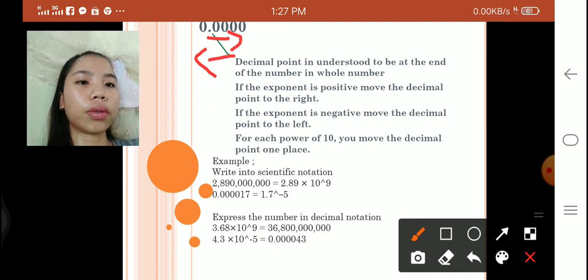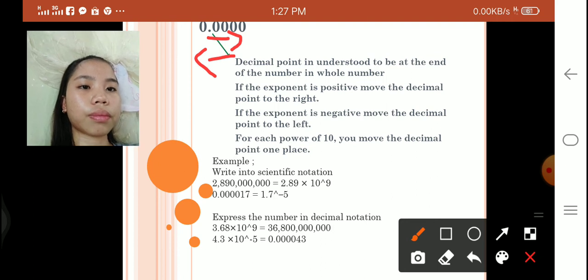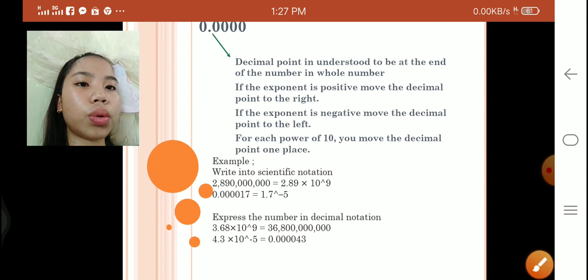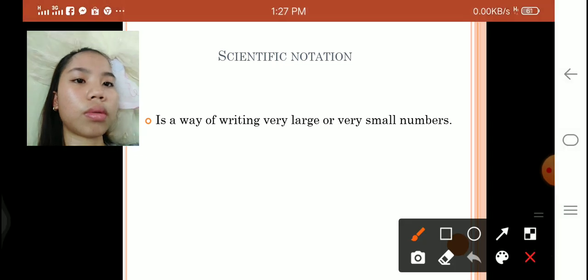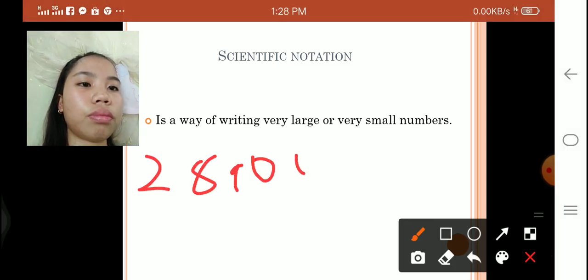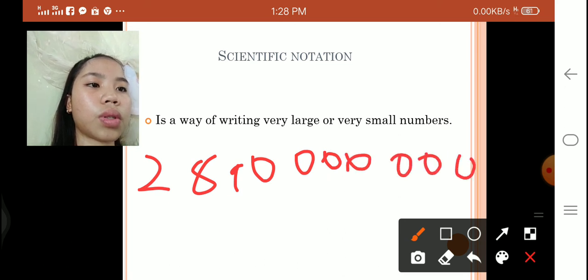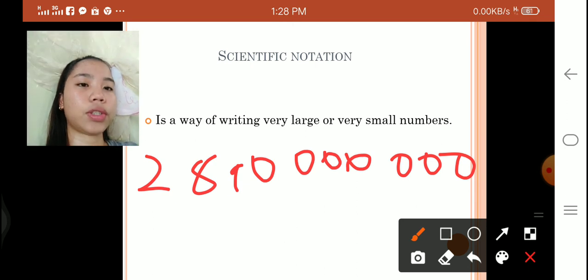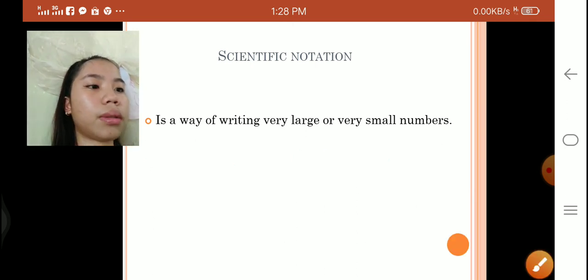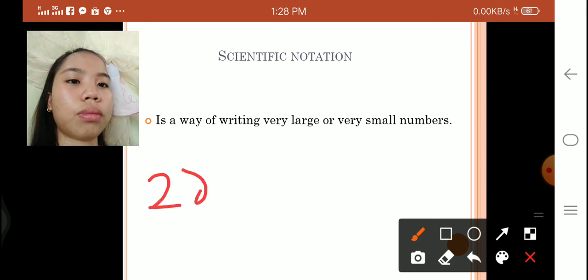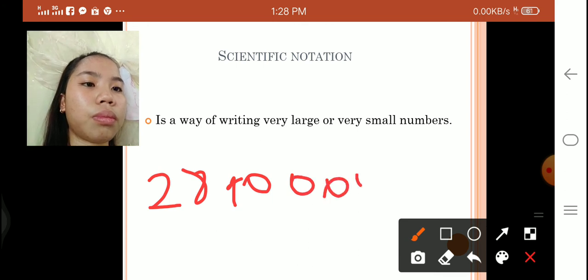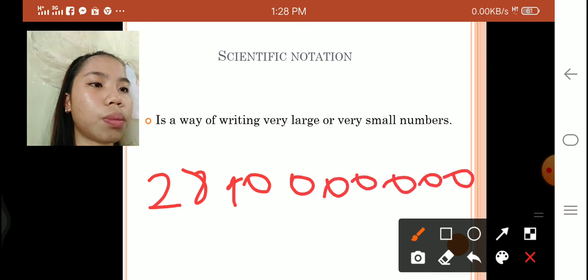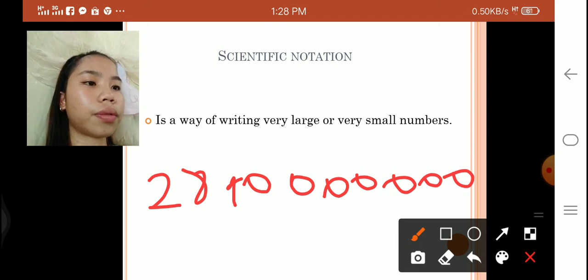For example, write into scientific notation 2890.